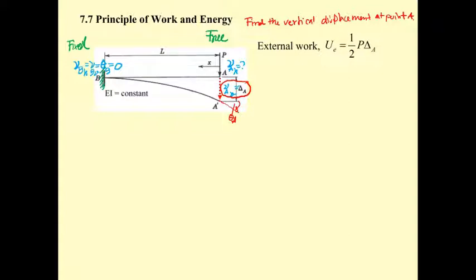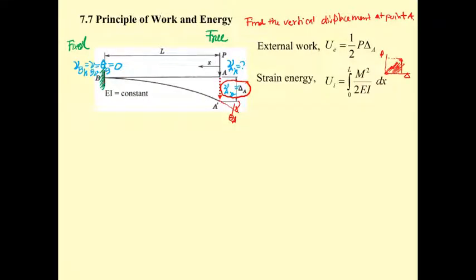By the previous equation, the external work is going to be 1/2 P Δ. Remember, if you have P here and Δ here, and you do the test, you get 0, and then the linear relationship, and the area under here is the external work. That is 1/2 times P times Δ.